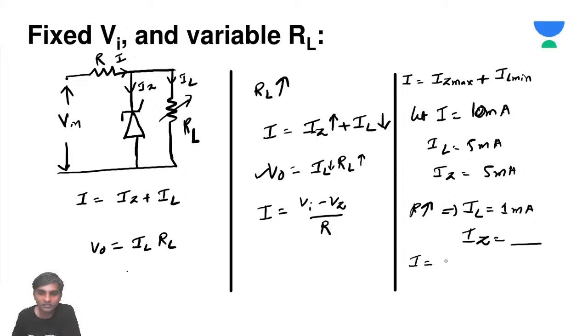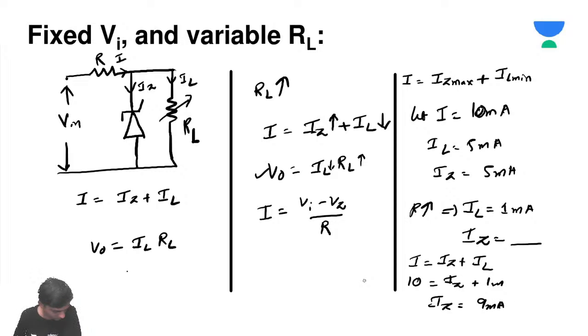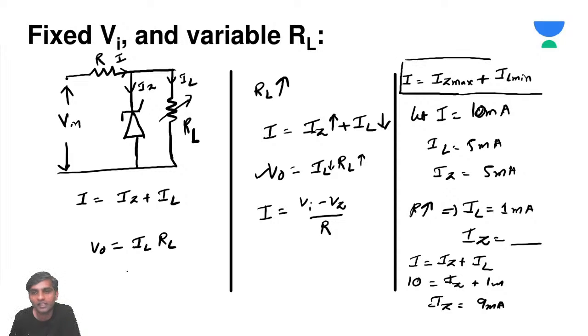I is a constant, so IZ plus IL is 10. IL is 1 milliamp, so definitely IZ should be 9 milliamps. So remember, when IL is minimum, IZ becomes maximum.